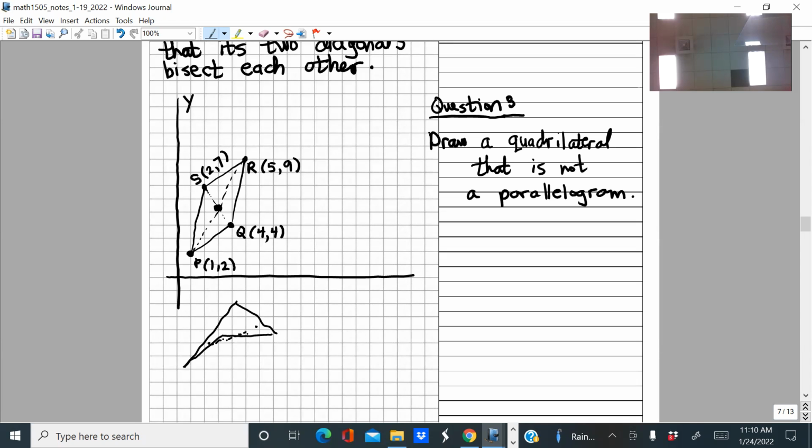If that's the case, that's called not convex. But I don't think any of y'all drew a quadrilateral like this. I think in all the quadrilaterals you drew, if you go from one point to another point in the quadrilateral, you'll stay inside the quadrilateral, right?